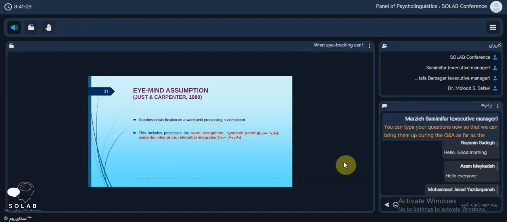They had a model. They explained that this includes processes like word recognition, syntactic parsing, semantic integration, and referential integration. Please let me show you how eye tracking relates to this model.